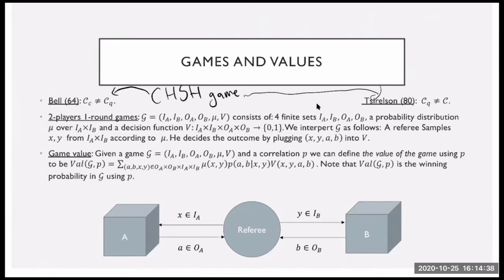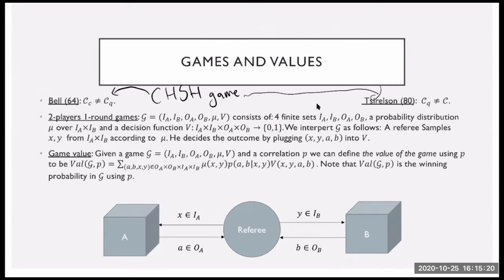So what are games? A game is a tuple with six inputs. We have four finite sets, the same four finite sets from before, a probability distribution over pairs of questions, over pairs of inputs, and some verification function, decision function, winning predicate. This is V, which for any quadruple of inputs and outputs tells us whether this is a winning condition or a losing condition. So 0 means a losing condition, and 1 means a winning condition.